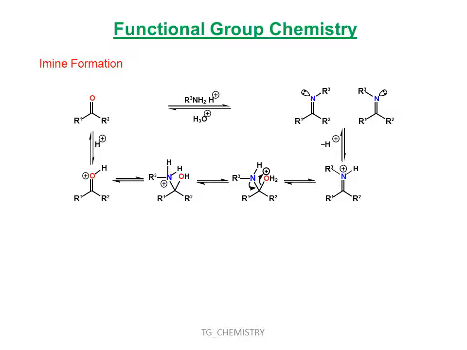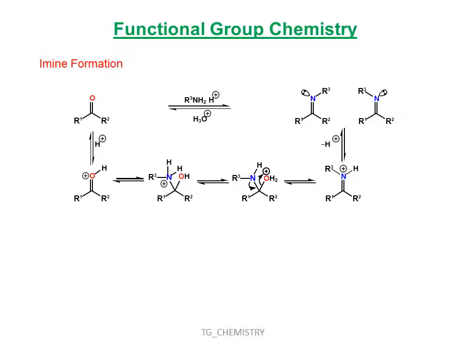For example, if any one of R1 and R2 of this imine compound is a hydrogen atom and R3 is also a hydrogen atom, then it should be named as primary aldimine. If any one of R1 and R2 is hydrogen and R3 is an alkyl group, then it should be named as secondary aldimine.